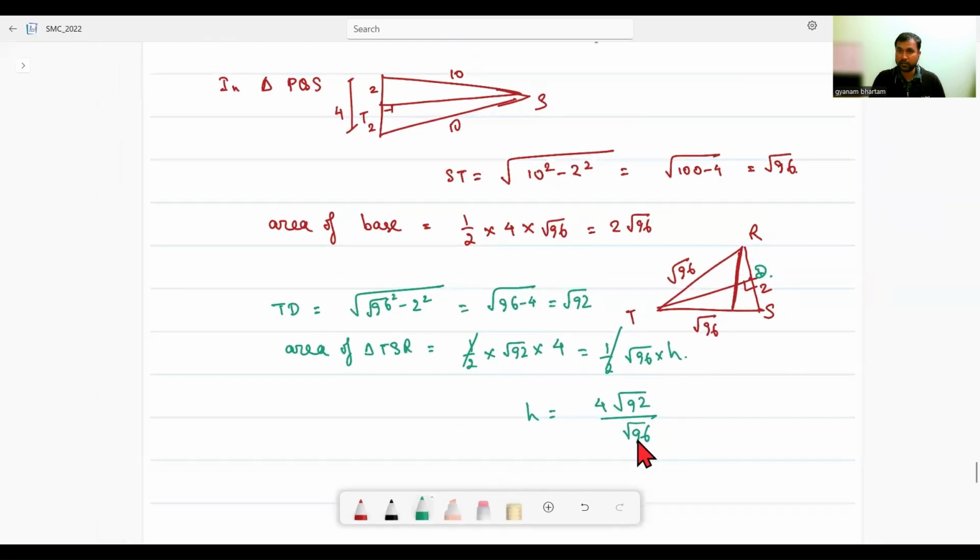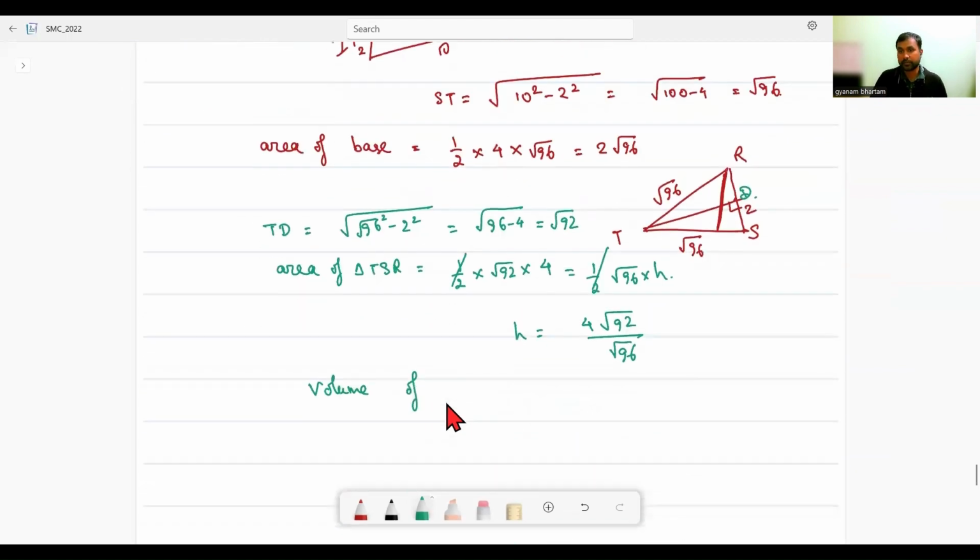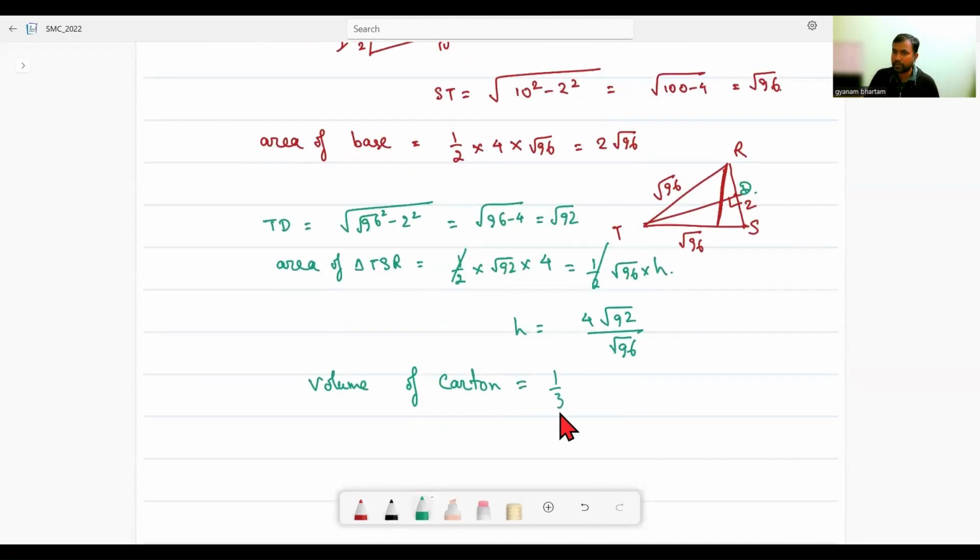And now we can find the volume. Sorry, not area, we have to find the volume. So the volume of the carton is going to be 1/3 times area of base times height, because it is a pyramid. The area of base is 2 root 96, into 4 square root of 92 by square root of 96.